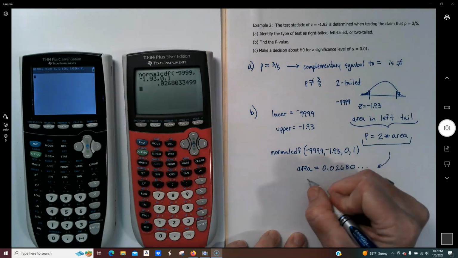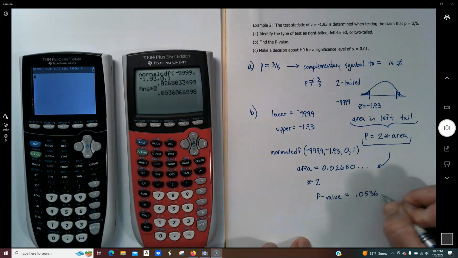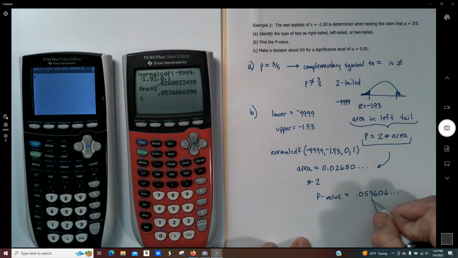So you can just, in the calculator, press the multiply key and then press enter. So we're going to do times 2, and we get a p-value of 0.05306, so on. Again, rounding to 3 decimal places, we get a p-value of 0.054.